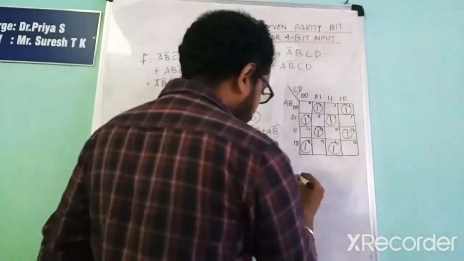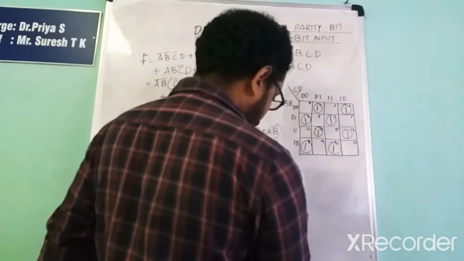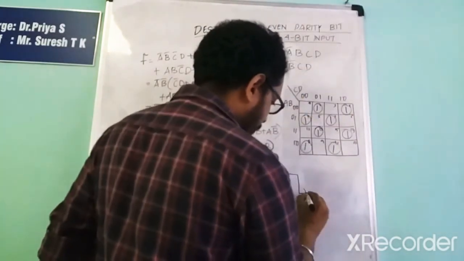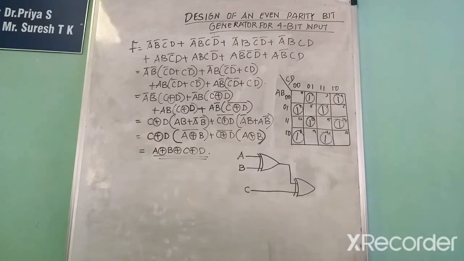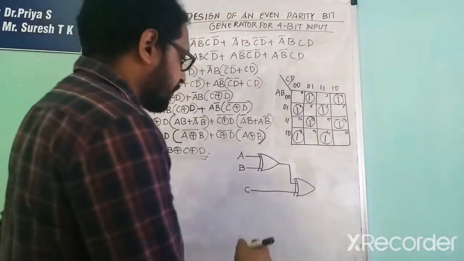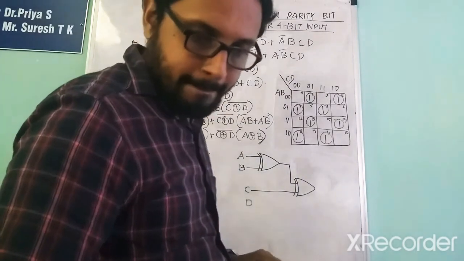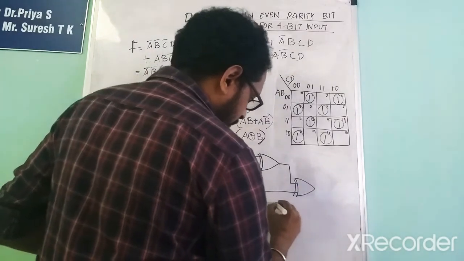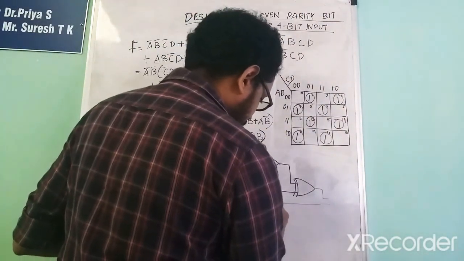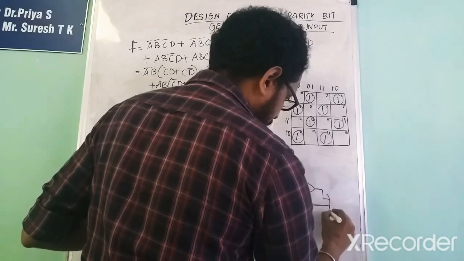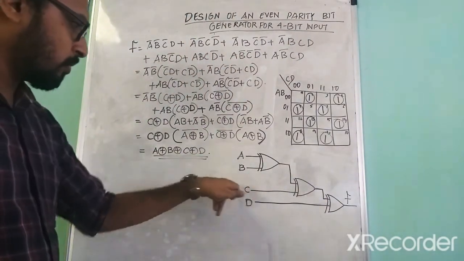This XOR C. Okay, this is A XOR B XOR C. Then D here. This is F, A XOR B XOR C XOR D.